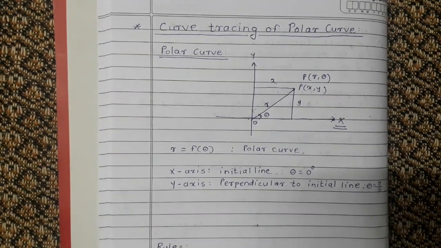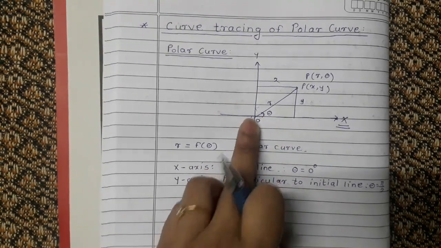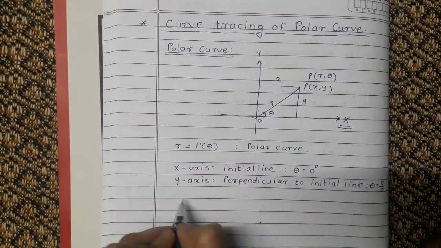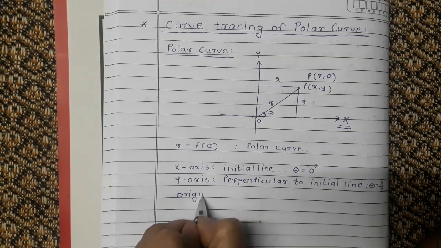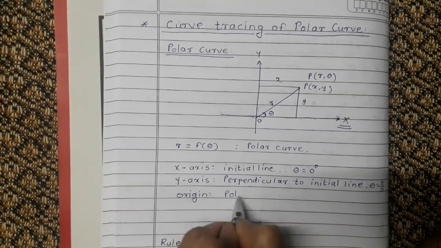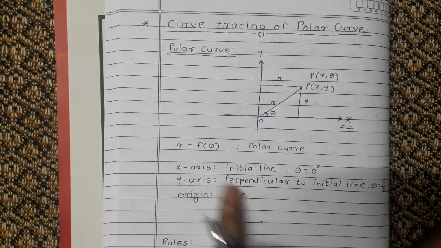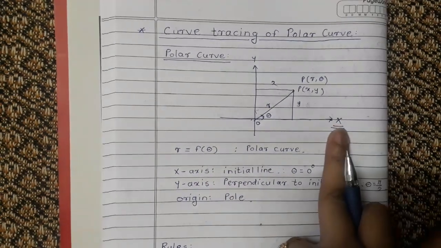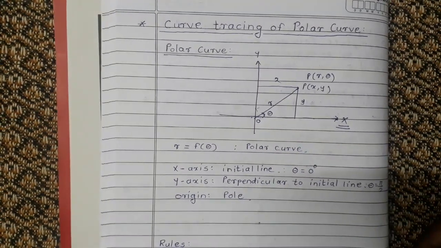So when I'm saying the curve is passing through the origin, the origin is called the pole in this case, okay? The origin we are going to call the pole. So (0, 0) is now the pole for us. The x-axis is the initial line and the y-axis is perpendicular to the initial line, right?